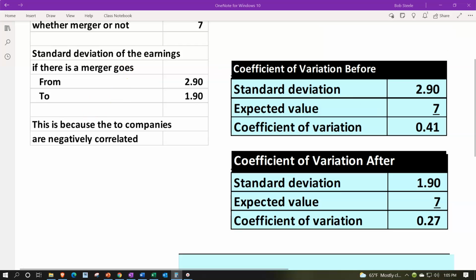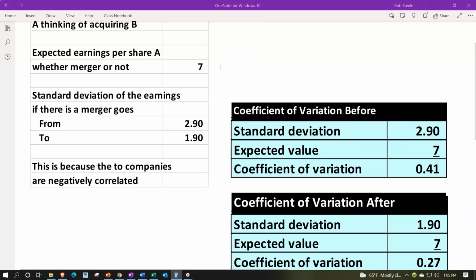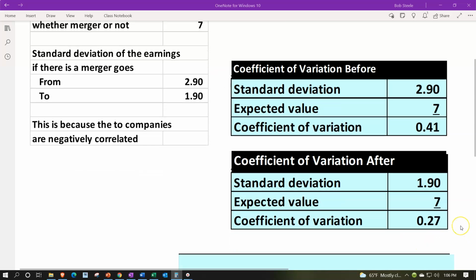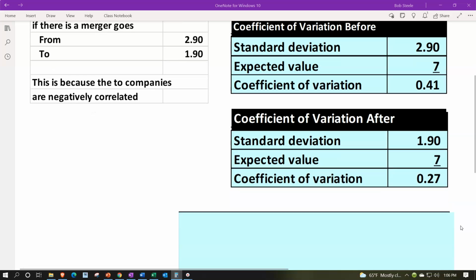So the point being that the second one is lower, which would result in us believing that it's got less spread involved in the data, and that would be an indication that there would be less risk involved, which is typically going to be a good thing. In other words, if we have the same expected return for the shareholders and the risk goes down, most investors being risk averse, then you would think that the market price might actually go up, possibly increasing the price to earnings ratio, meaning the price being higher in relation to the earnings per share generally.